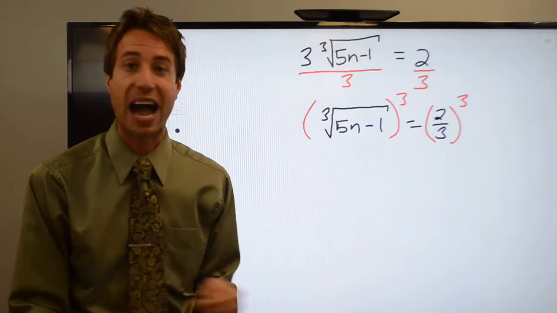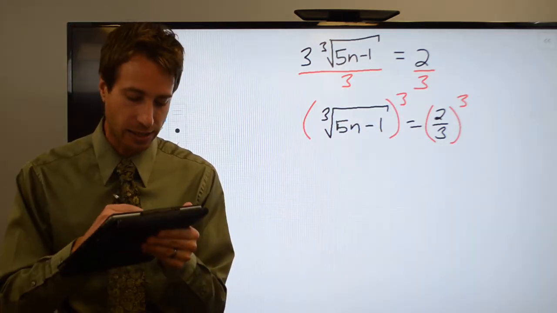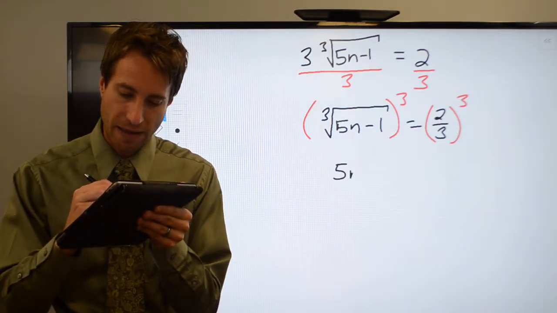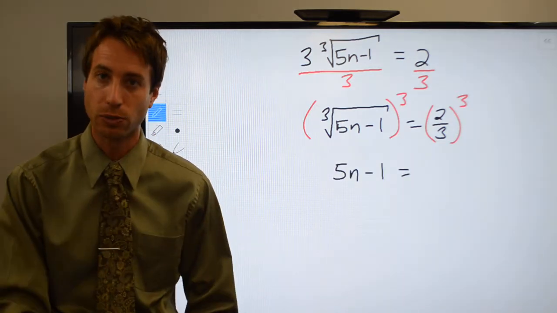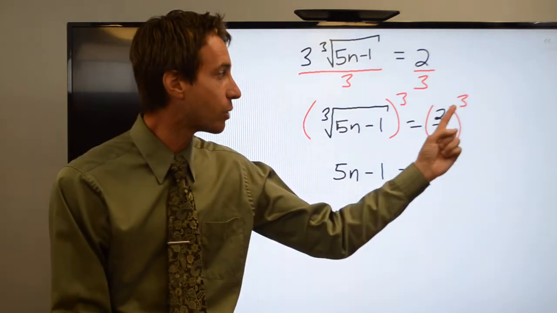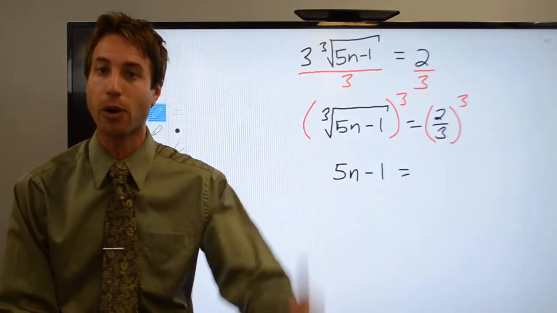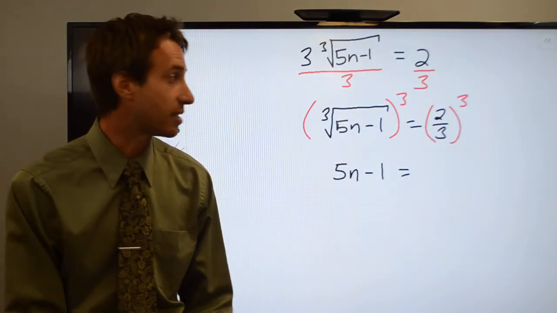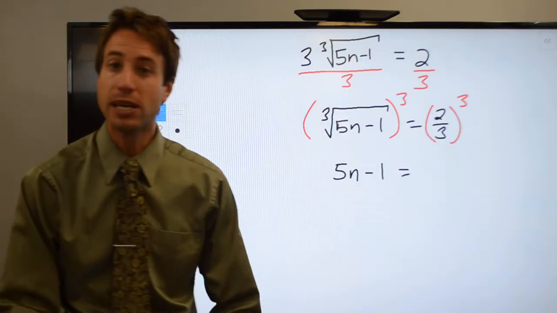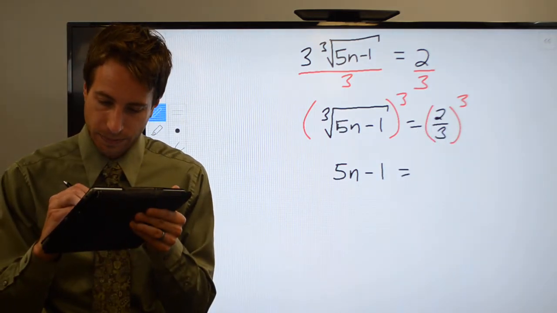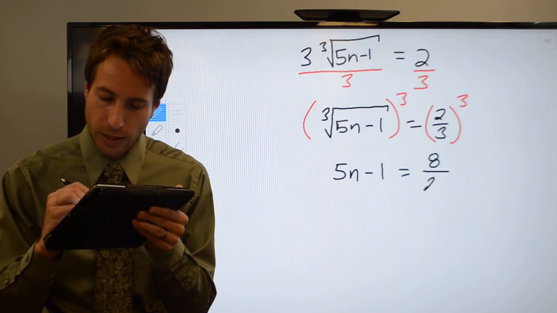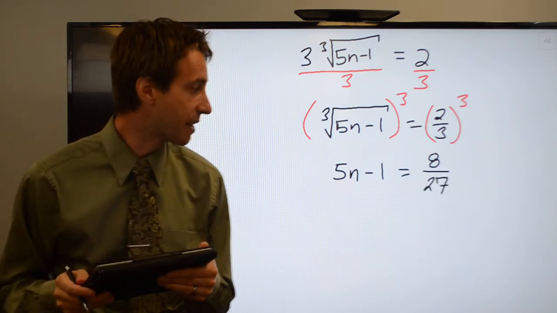The index and the power are the same. They cancel each other out. And I'm left with 5n minus 1 is equal to... Now, property of exponents says whenever you have a quotient raised to a power, you just raise everything inside the parentheses to that power. A 2 cubed is going to be an 8. A 3 cubed is 27.